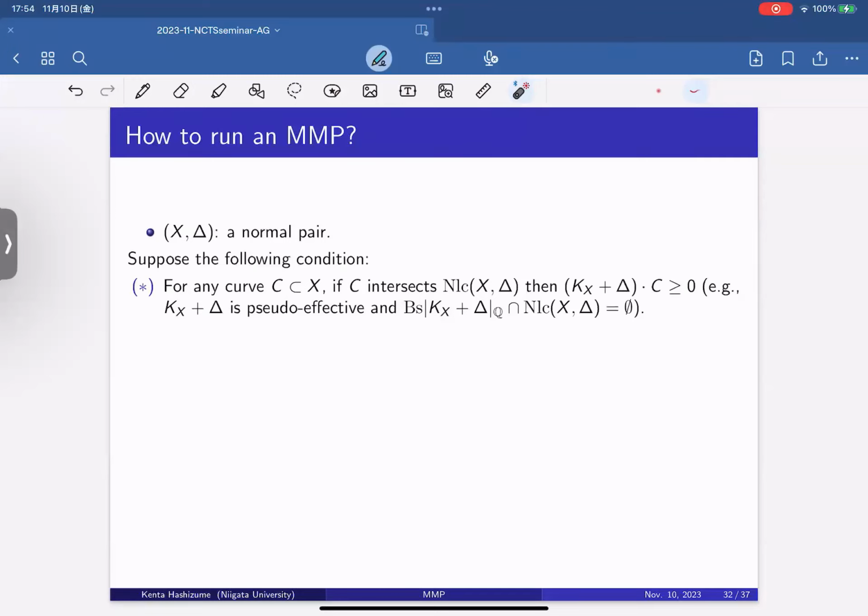This is a special condition for the normal pair. For example, suppose that the stable base locus of the log canonical divisor is disjoint from the non-LC locus.